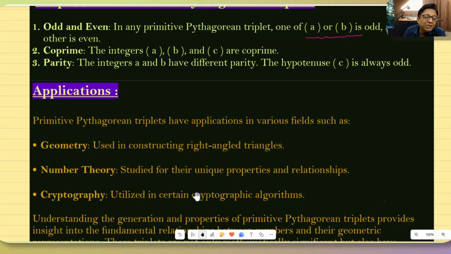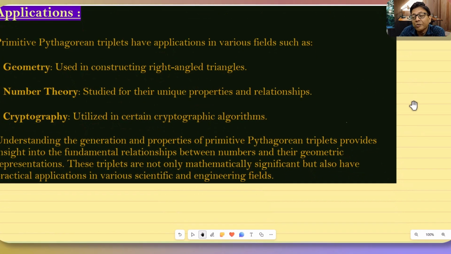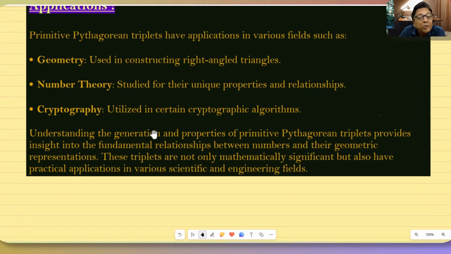And I'll show you how it helps to solve ISI/CMI problems. It helps you think. It has application in cryptography, but we are not going to discuss it today. I'll discuss in some other session how primitive Pythagorean triplets or Pythagorean triplets can help you to understand cryptography.